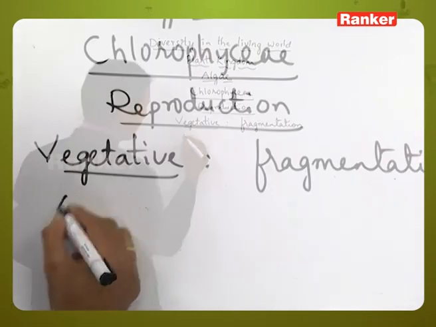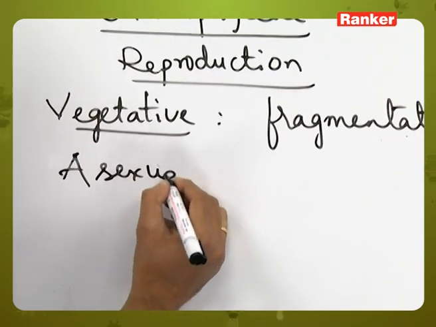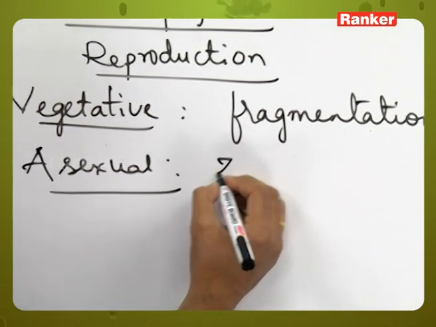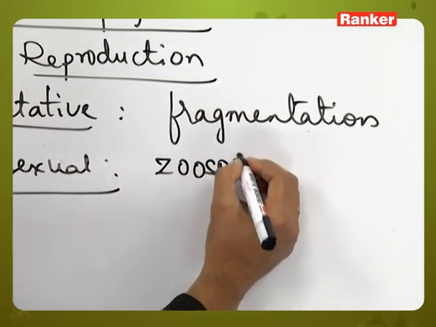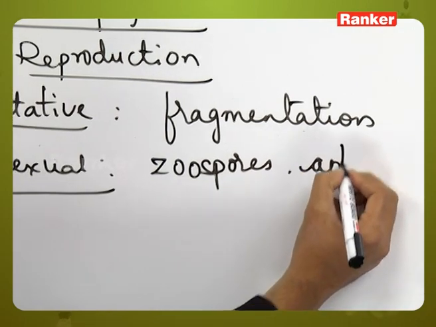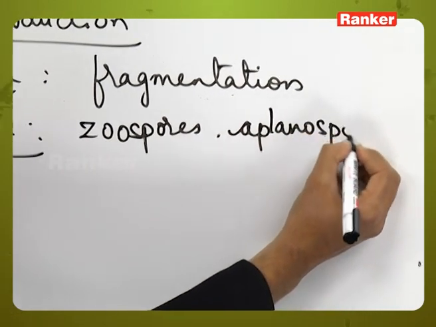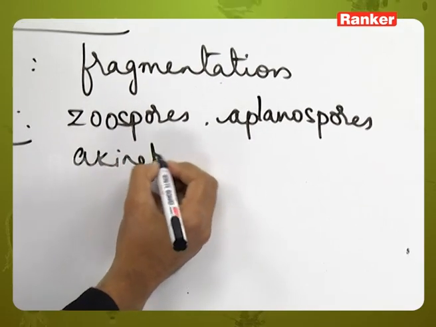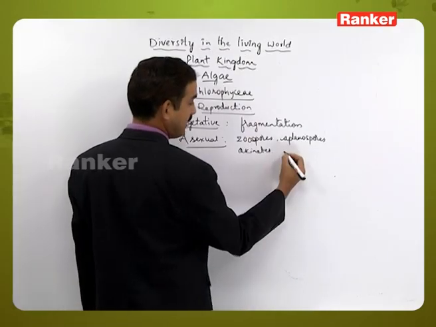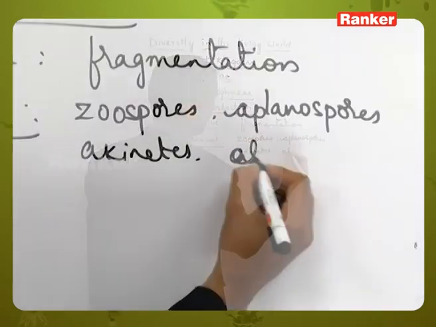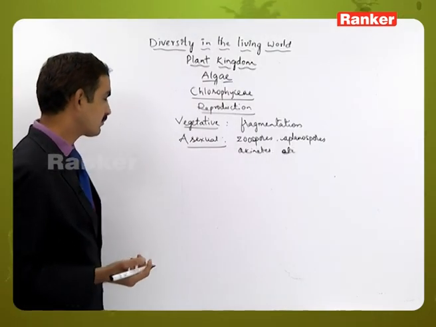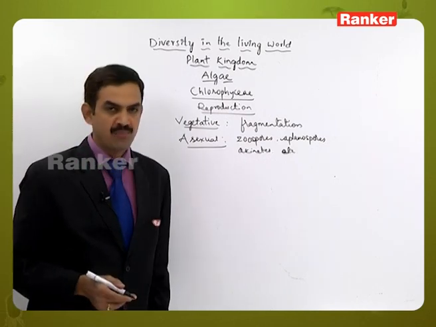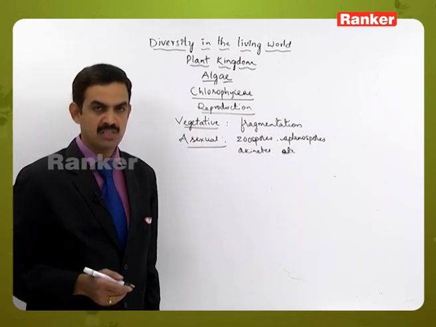The other one is asexual reproduction, either by motile spores called zoospores, or non-motile spores called aplanospores, or by akinetes and other different types of asexual spores, which may be formed during unfavorable conditions, sometimes during favorable conditions also.